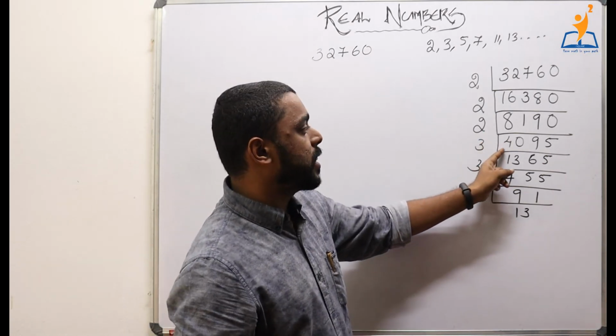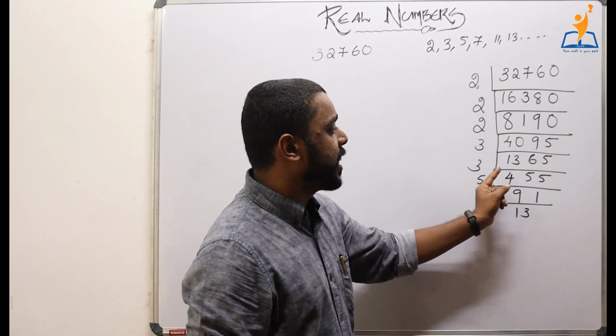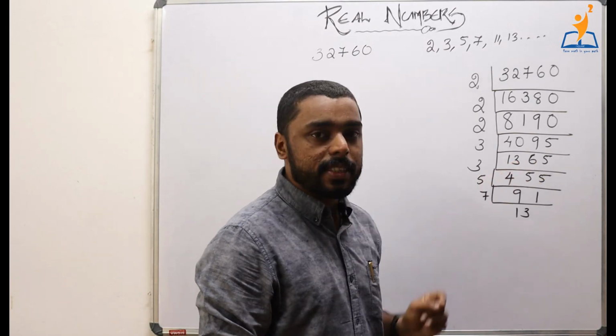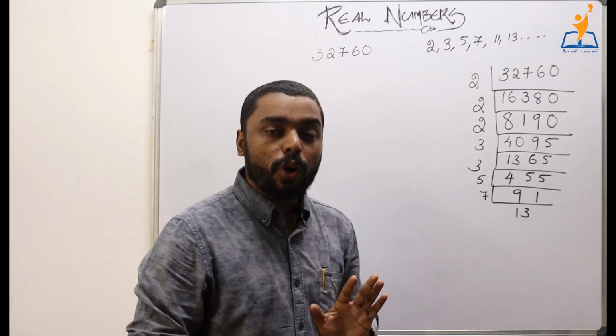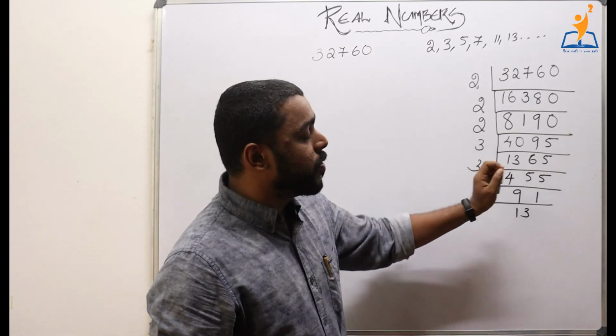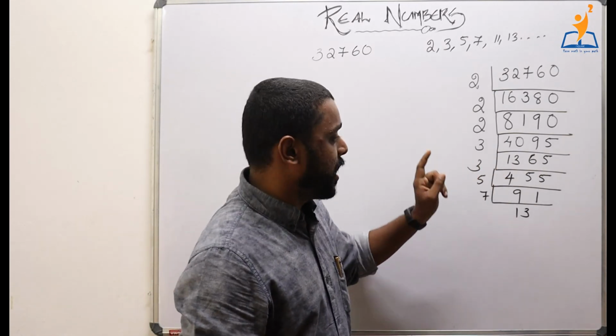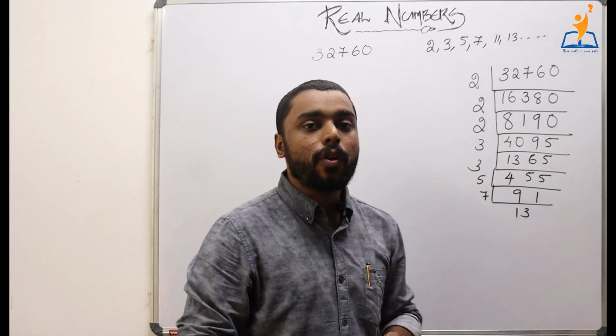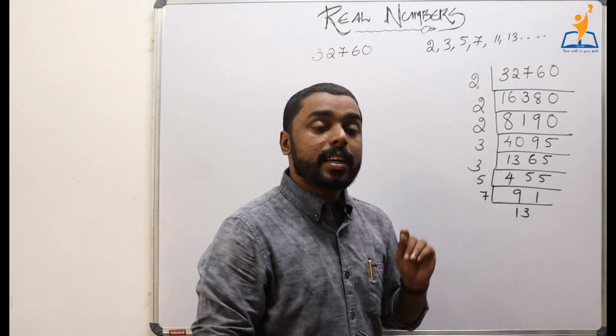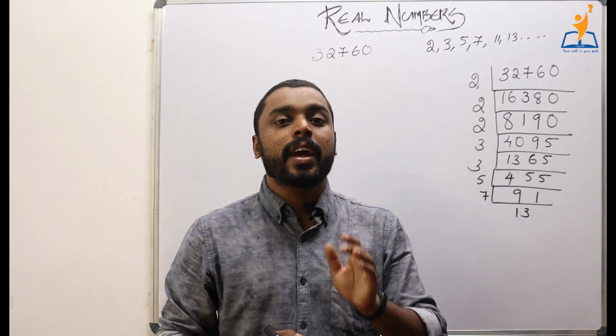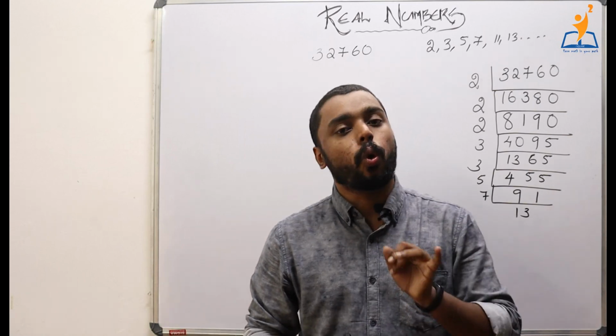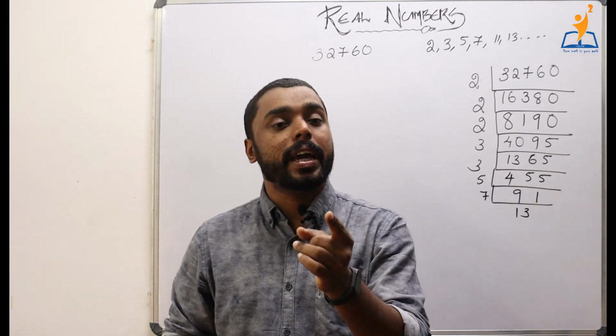It is divisible by 3, and when we divide it, we get 1365. It is also not divisible by 2, and it is divisible by 3, and when we divide, it will result in 455. But this number 455 is neither divisible by 2 nor 3, but it is divisible by 5.